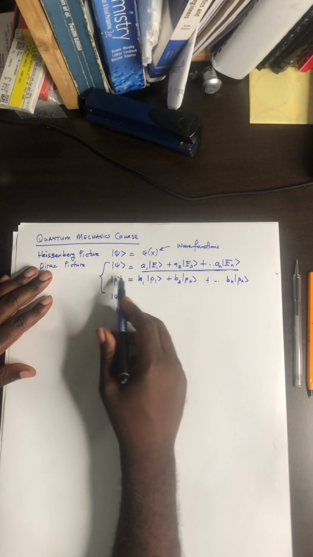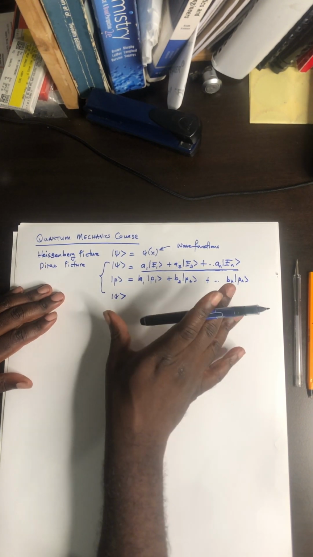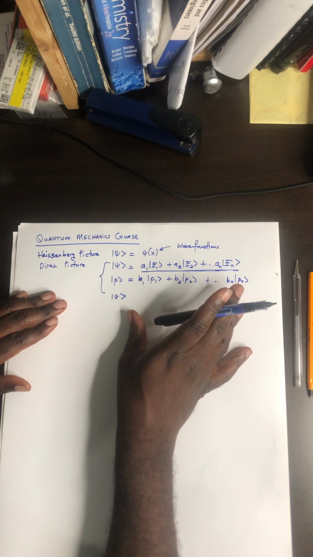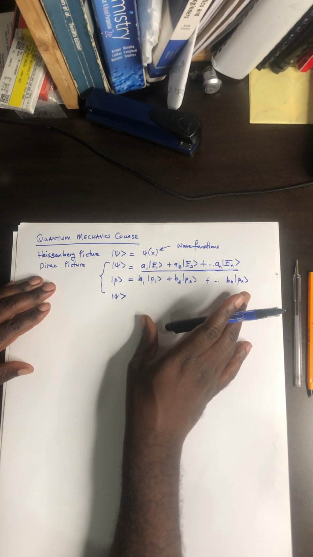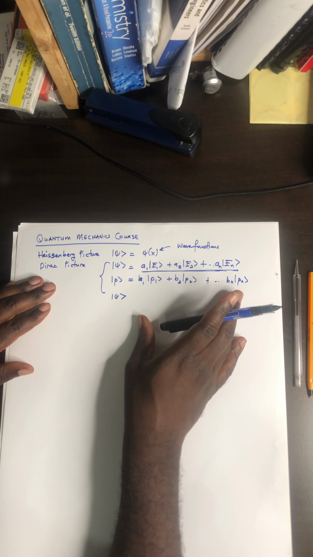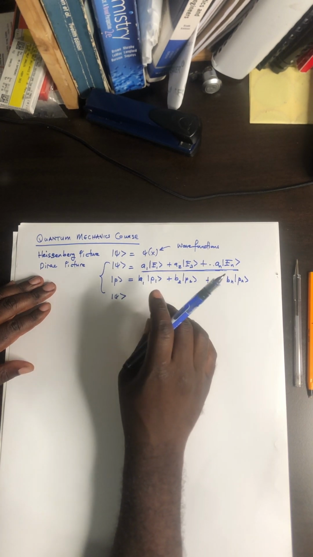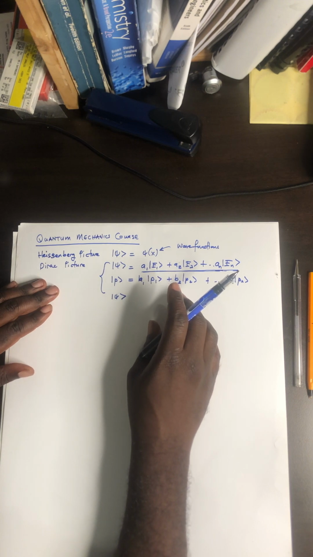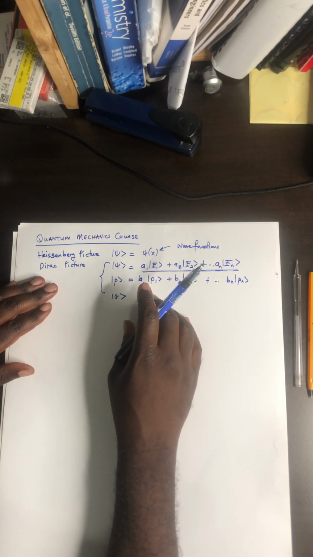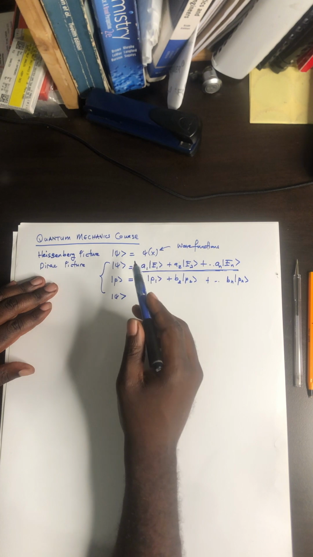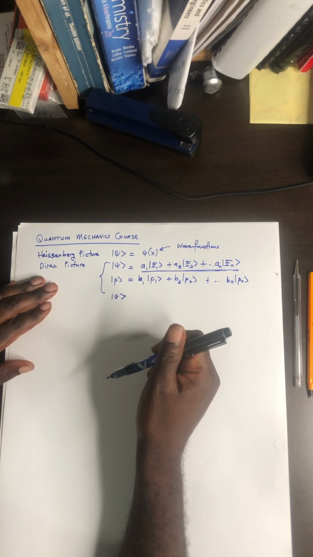So the Dirac picture is a very important picture, and it's loosely based on the ideas of linear algebra. So you shall see the correspondence between the Dirac picture, which we shall utilize quite a lot, and linear algebra.